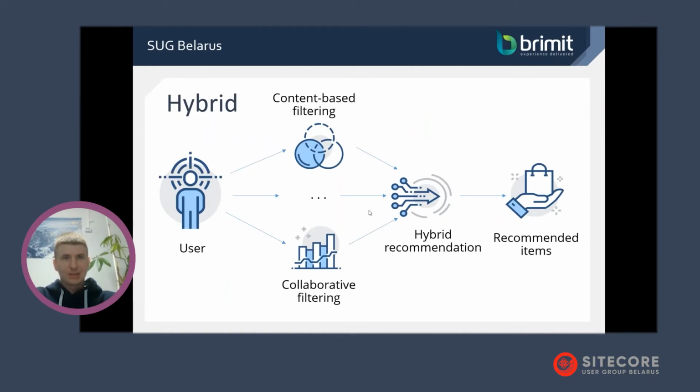And the last one, but usually the most used of the commercial recommendations, is hybrid recommendations. Hybrid recommendation systems are based on the combination of all types of personalized recommendations.